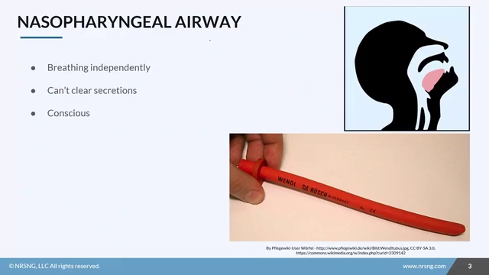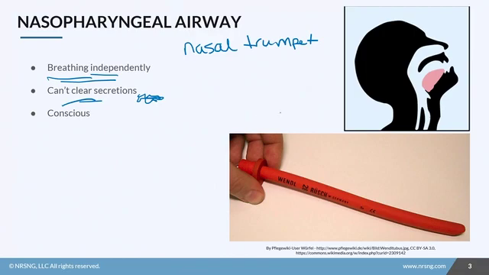Now, the least invasive option is our nasopharyngeal airway, also called a nasal trumpet. The main indication for this is someone who is breathing independently or at least making really good efforts. They're just struggling to clear their own secretions. They've got lots of sputum, lots of things blocking their airway.